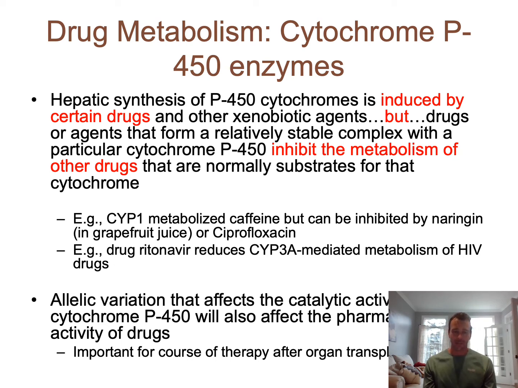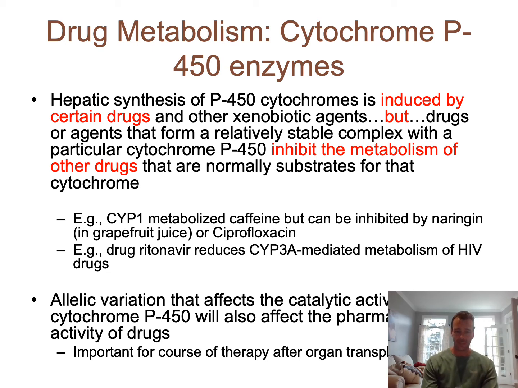So that's kind of a mouthful, but here's an example. CYP1 metabolizes caffeine, but it can be inhibited by a molecule called naringin, which is in grapefruit juice, or by the antibiotic ciprofloxacin. So this is where these drug interactions come into play.